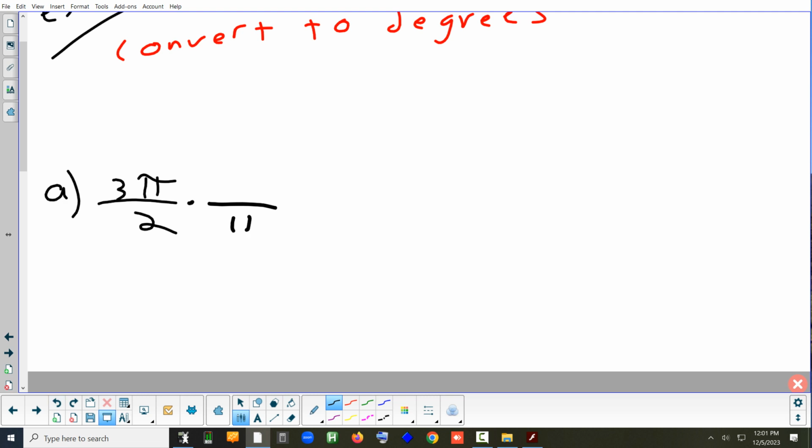Pi, which means what goes in the top? 180 degrees. Pi's gone. And 2 goes into 180 how many times? 90. So 3 pi over 2 would be what in degrees? 270 degrees.